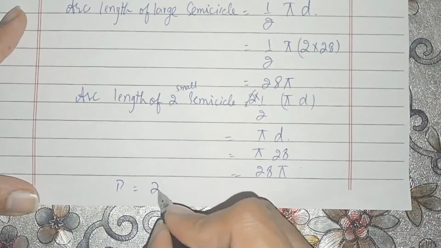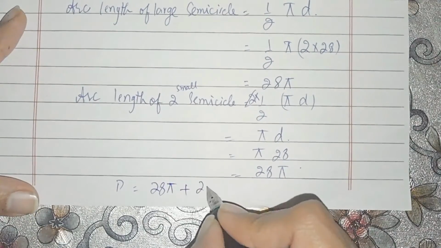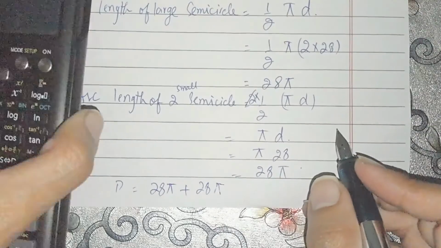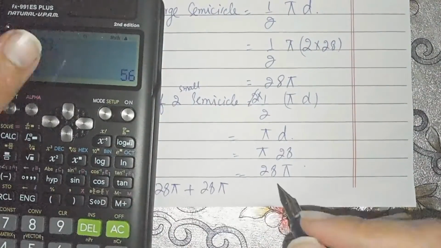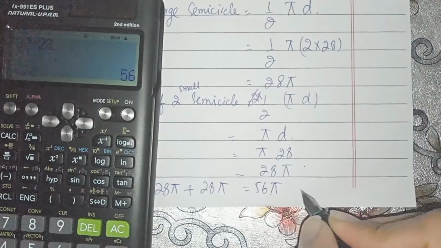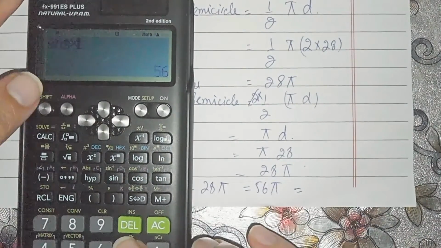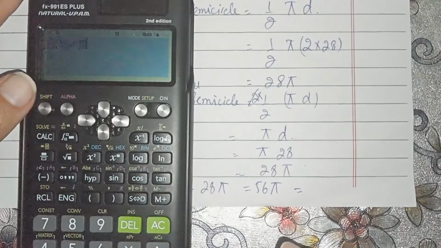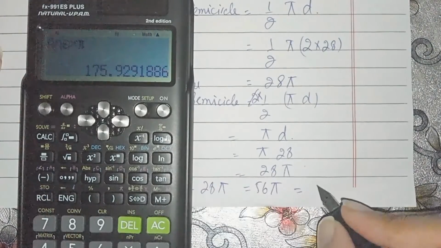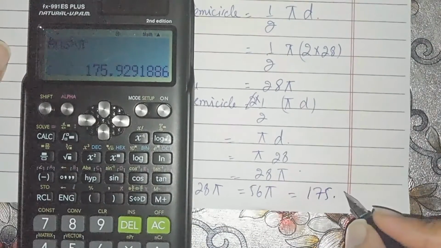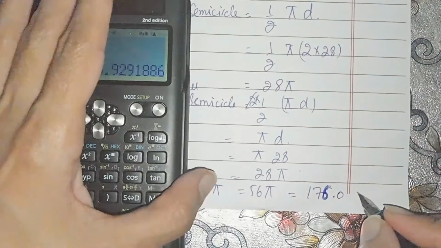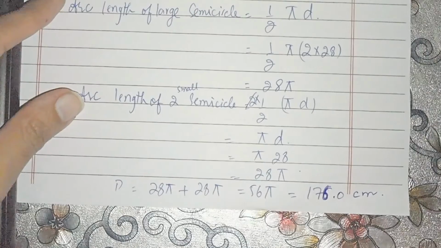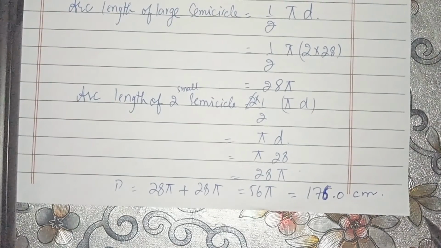And now perimeter is equal to 28 pi plus 28 pi. We get 56 pi. 56 multiplied by pi and we get 175, or 176 rounded off, and the unit is centimeter. And now students, this is the answer of part C.